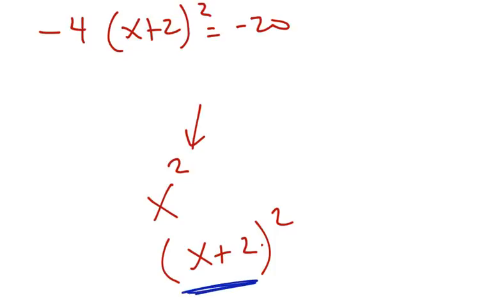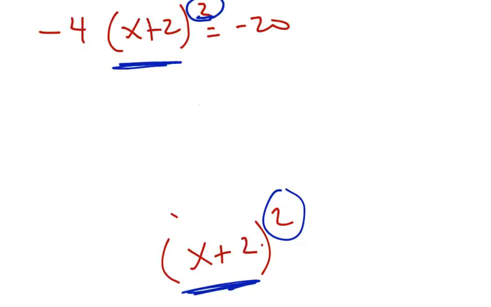Now we have a whole parenthesis to the second power. Basically, we think the same way. We need to leave the parenthesis that is to the second power by itself. So let's use the same process that we did in the previous problems.